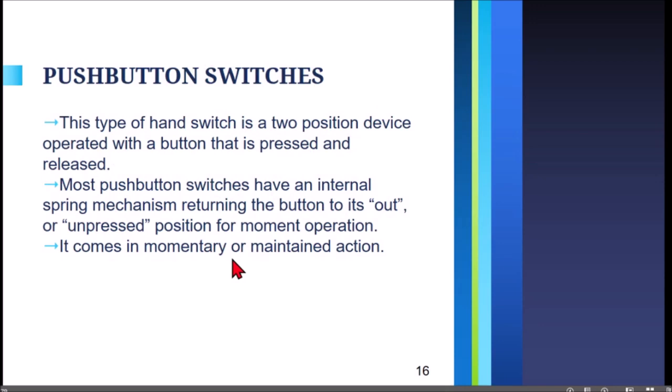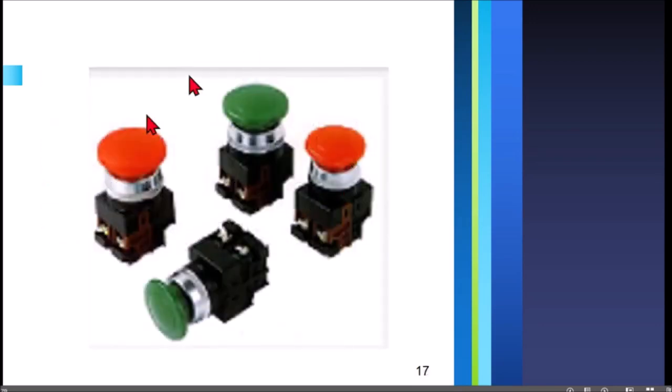If you push it, it will turn the circuit on or off, and if you remove your finger, it will go back to its normal state, either normally open or normally closed. Green is usually run or go, then red is stop or idle.